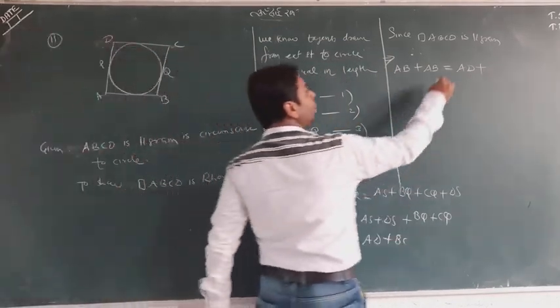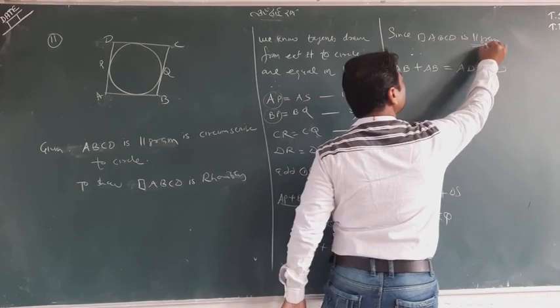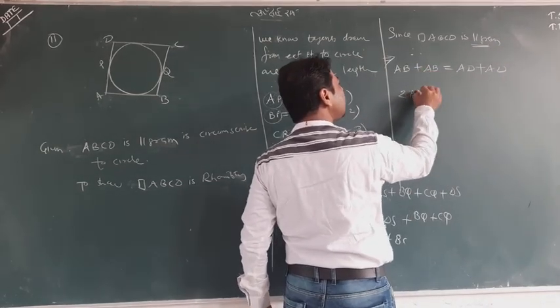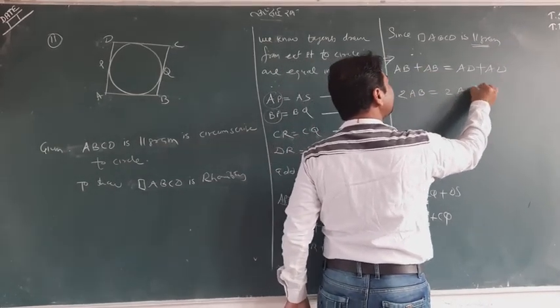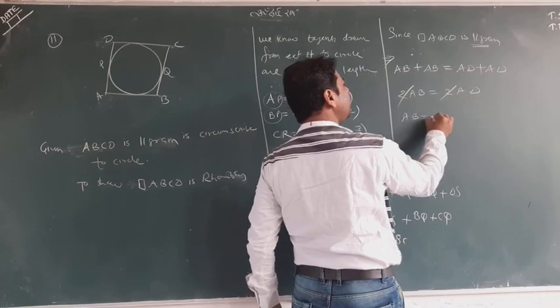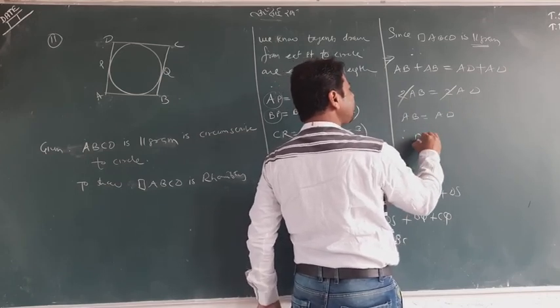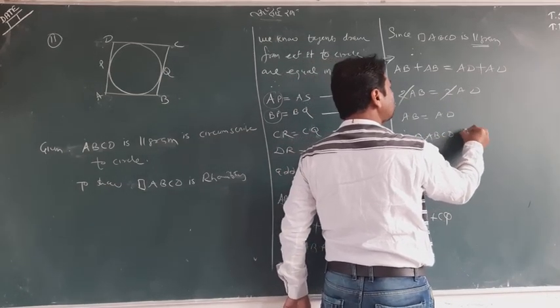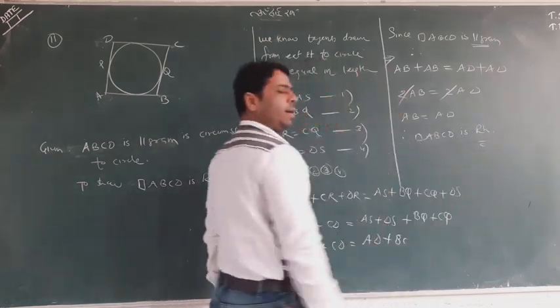Very simple. Why? Because it is a parallelogram, opposite sides are equal. AB will be twice AB, AD and AD twice AD, 2 cancels, AB equal to AD. It means ABCD is a rhombus. It's a very simple thing, we have shown it.